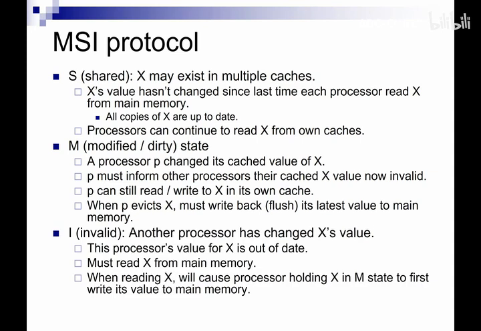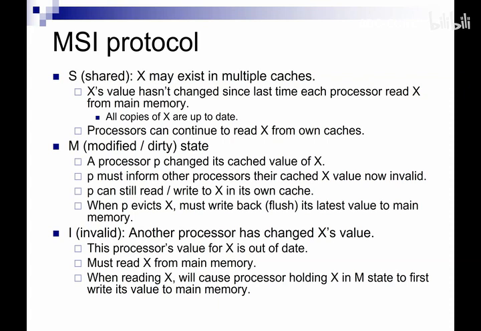And lastly, we have the invalid state. If a processor is in the invalid state for this variable X, it means that some other processor has changed X's value, so this processor's value for X is out of date. Now, if this processor wants to read the value of X, it has to go to main memory. The main memory value of X could also be out of date.